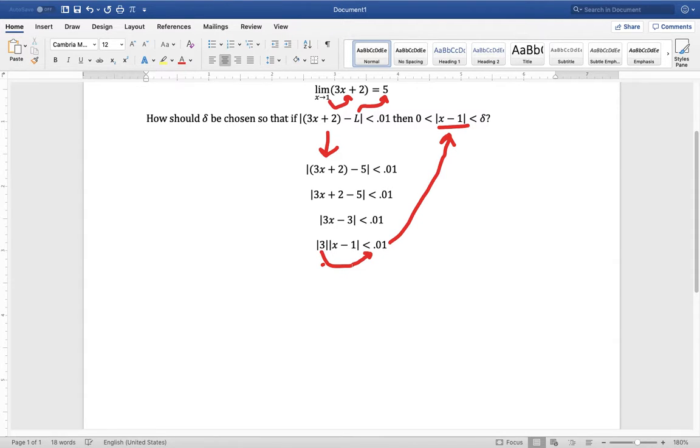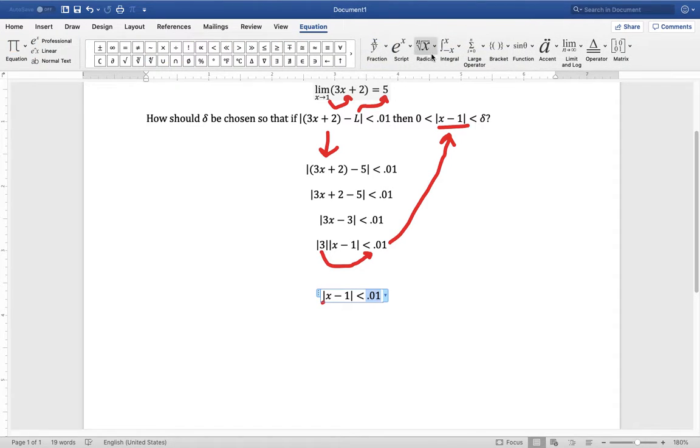This 3 is going to be divided to the other side. This is now gone, and even though it was the absolute value of 3, the absolute value of 3 is just 3. So I need to turn this into a fraction and divide 0.01 by 3.